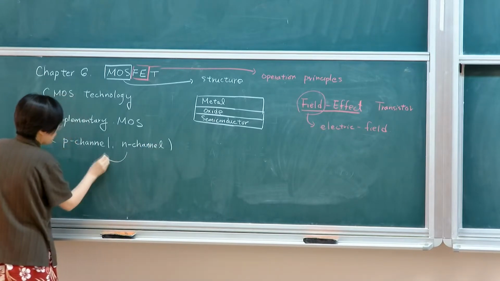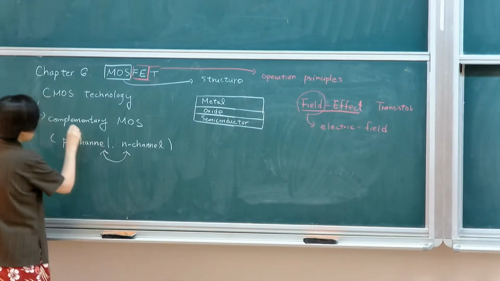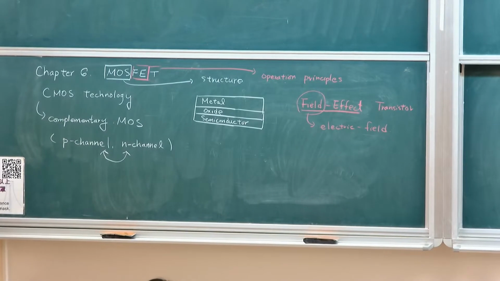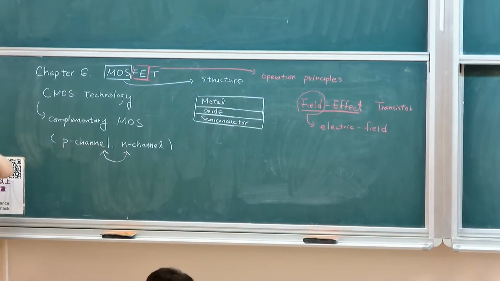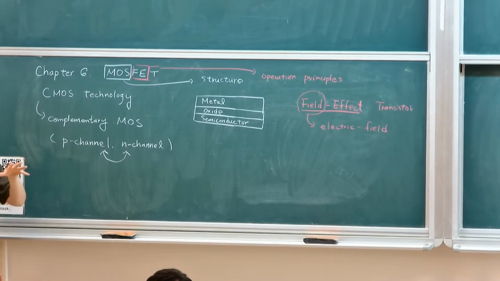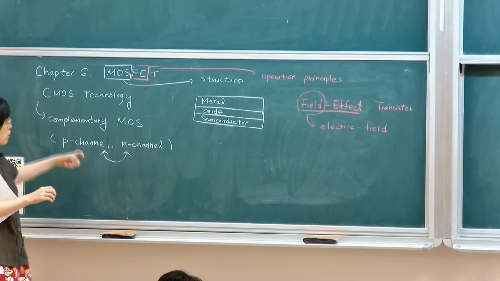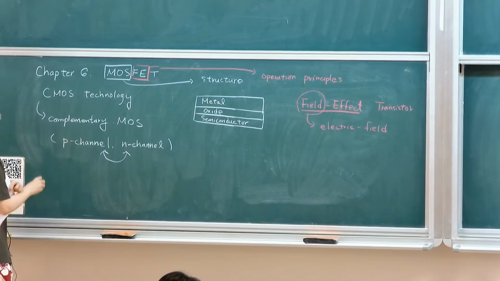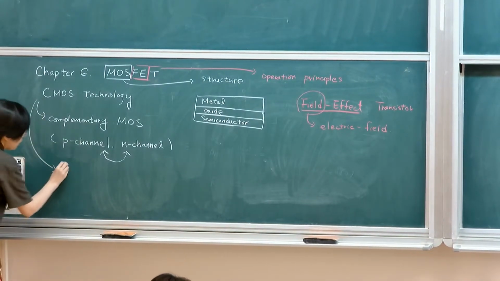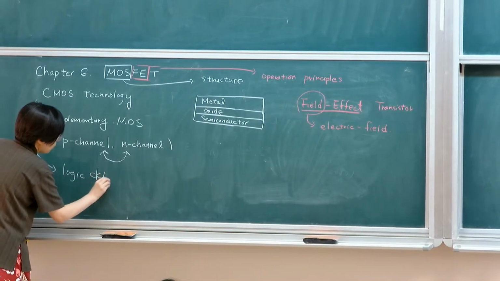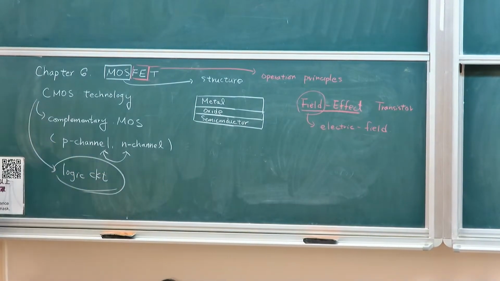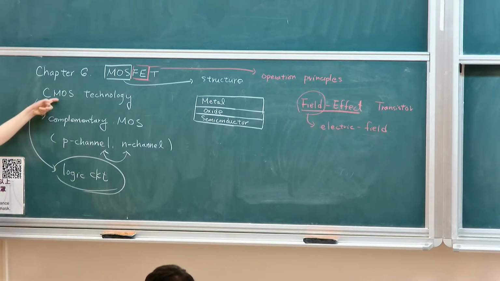These two channels complement each other, meaning that one is on, one is off, like a seesaw. They toggle on and off from each other. Therefore, this is the core for logic circuits. Nowadays, almost 100% of large-scale circuits are based on CMOS technology.